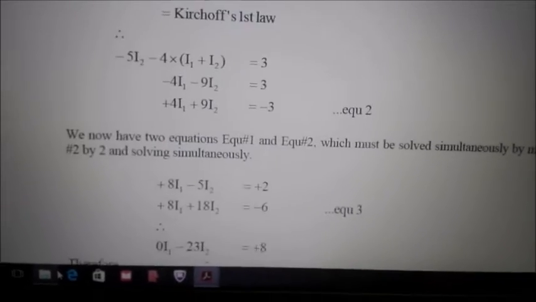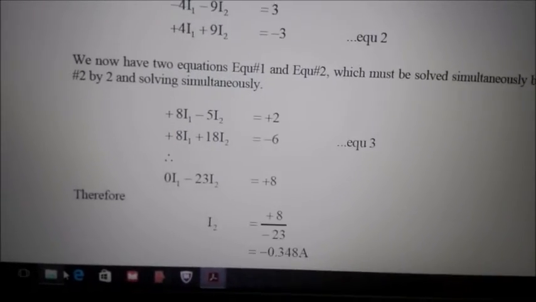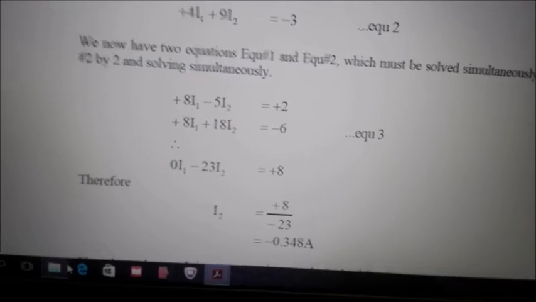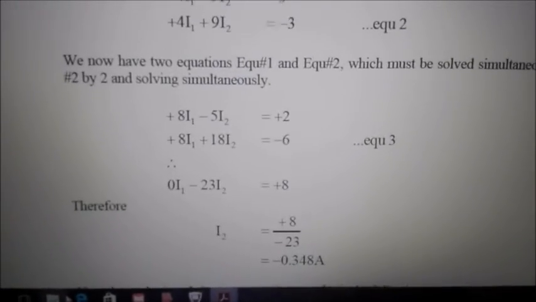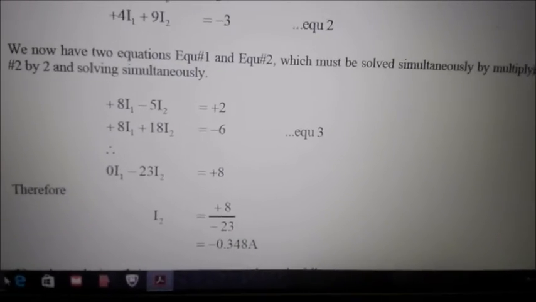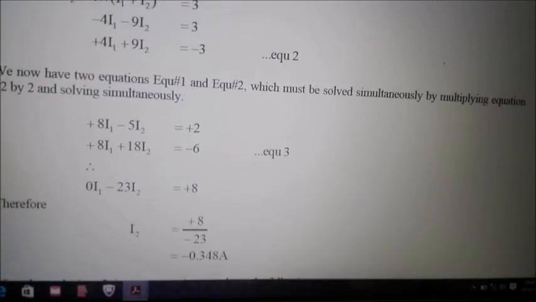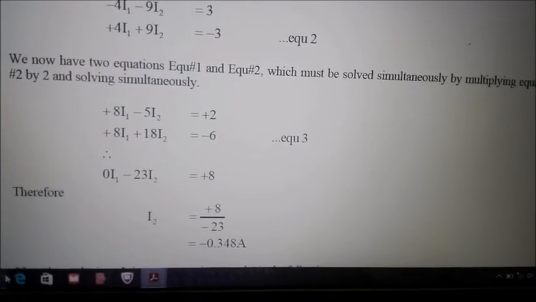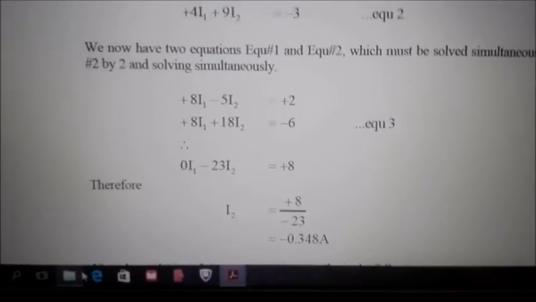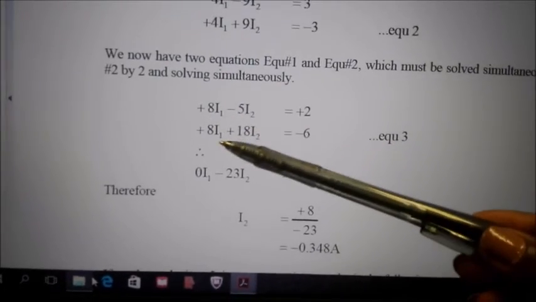Now the next thing, which is solving simultaneously, it is assumed that everyone is capable of doing that. You solve the two equations by multiplying the equations by 2 and solving simultaneously, so as to have common numbers that can be eliminated.